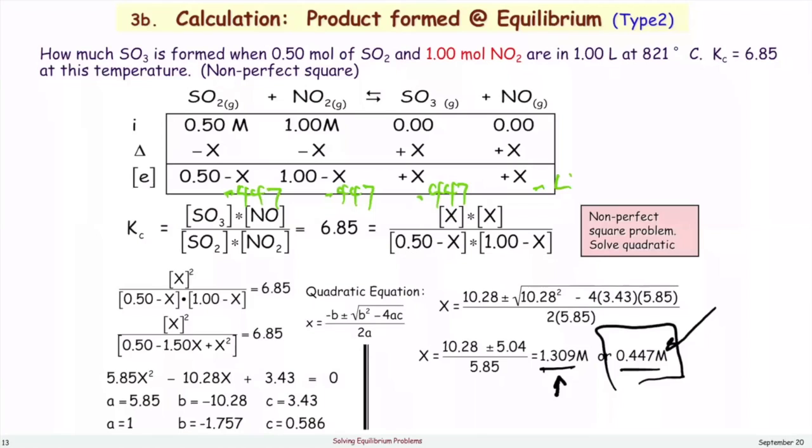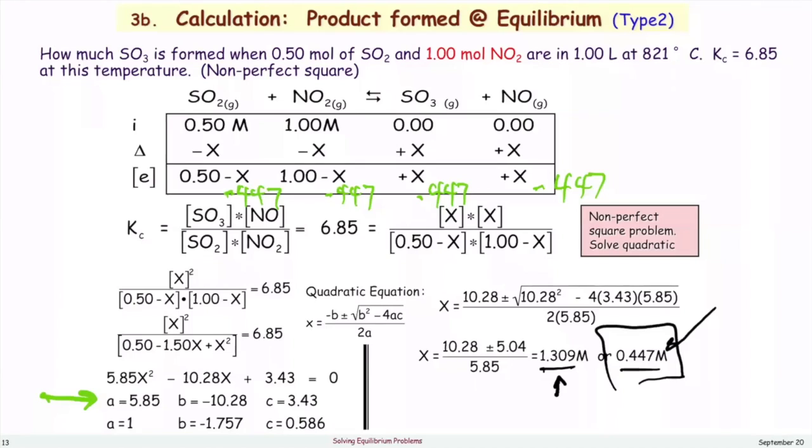Professor, I'm trying to follow along here. I didn't get 5.85 for a, and I think I missed something. The reason why is that some quadratic calculators ask you to put the x squared term as 1.